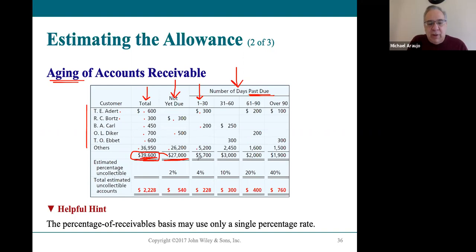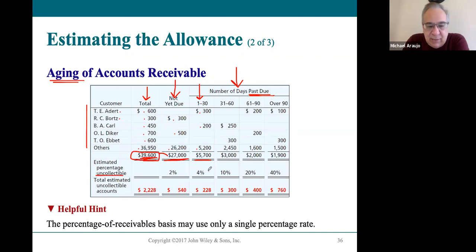Well, you're not going to really kind of be all that concerned because, you know, realistically, who hasn't missed a due date, right? Doesn't mean they're not going to pay, but it's a possibility that the chances go up. So you see that in the percentages listed down here.